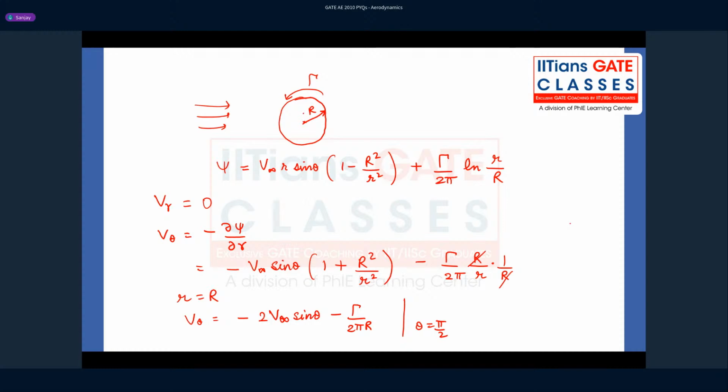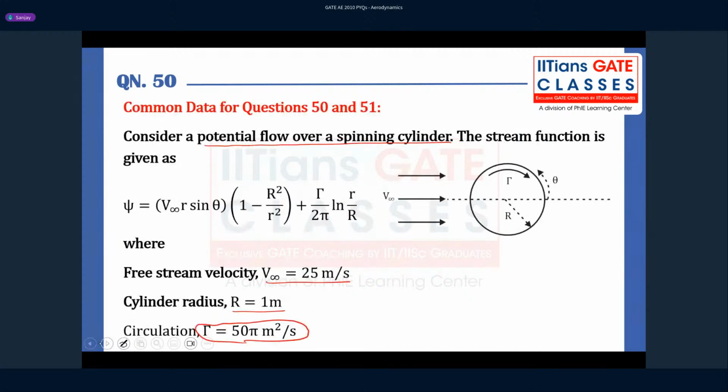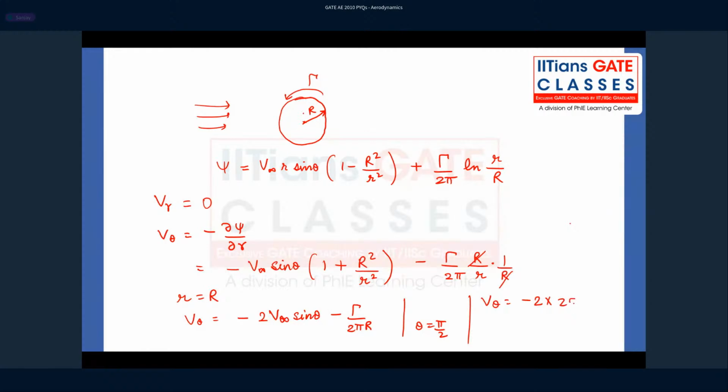If you substitute, what will you get? So v theta is equal to minus 2 times, what is v infinity given to you? V infinity is 25 meters per second, minus gamma is 50 pi by 2 pi r.